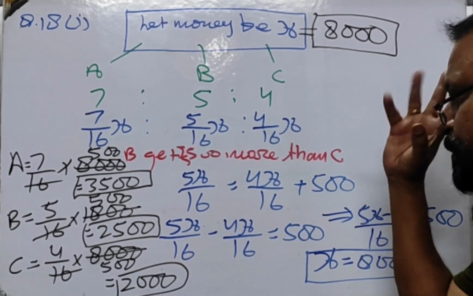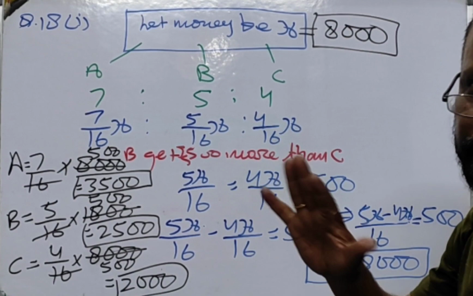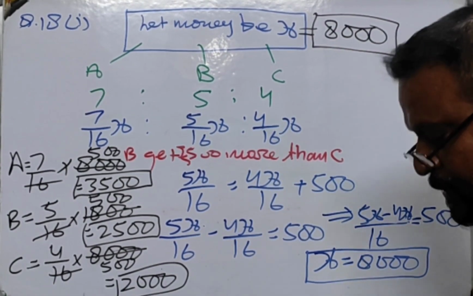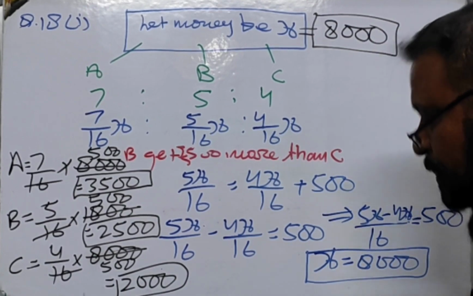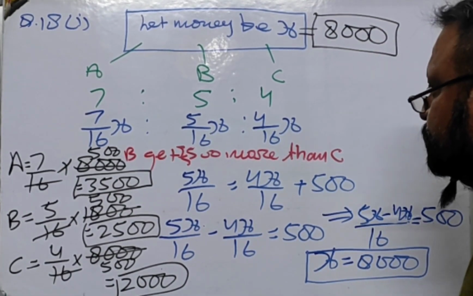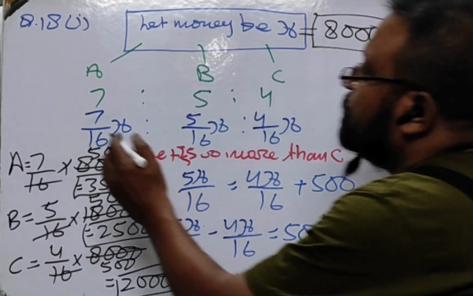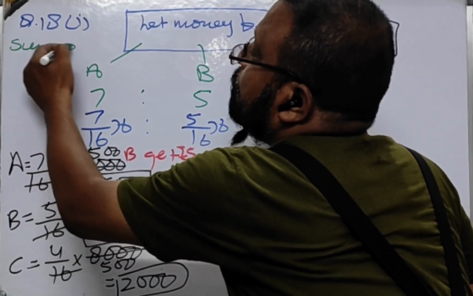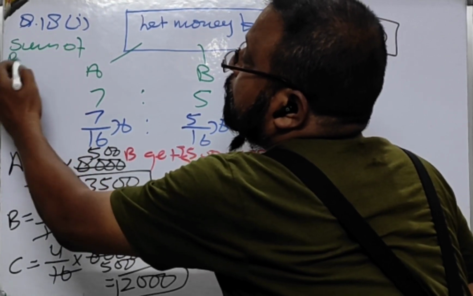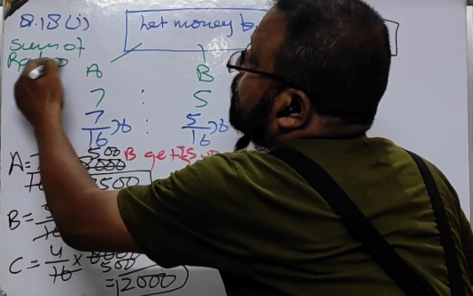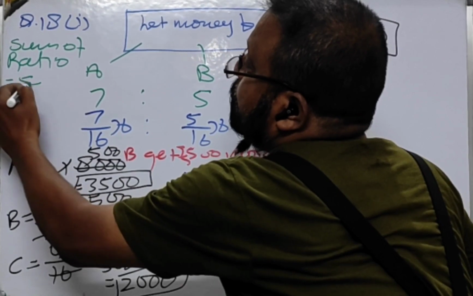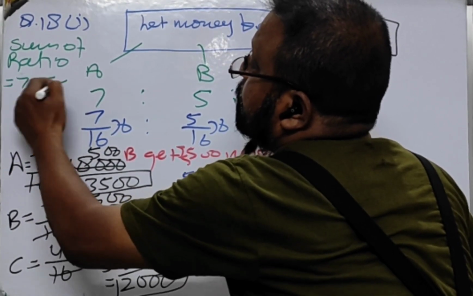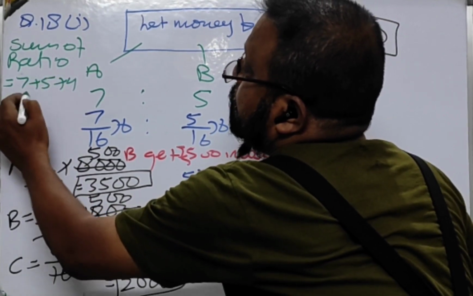Just a small difference in thought process. Here we have done the sum of ratio. The sum of ratio is 7 plus 5 plus 4 is equal to 16.